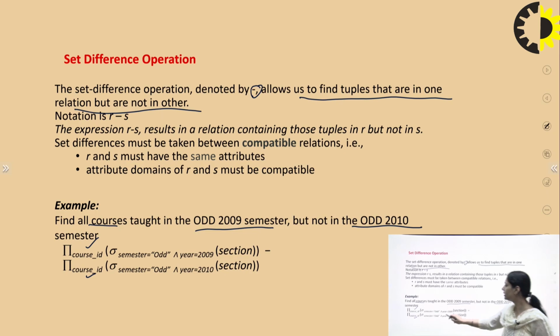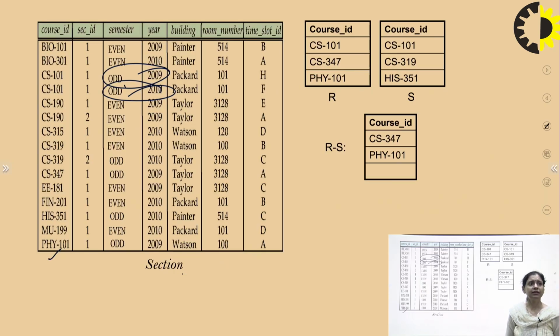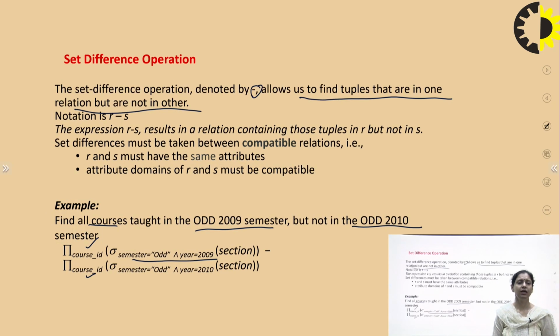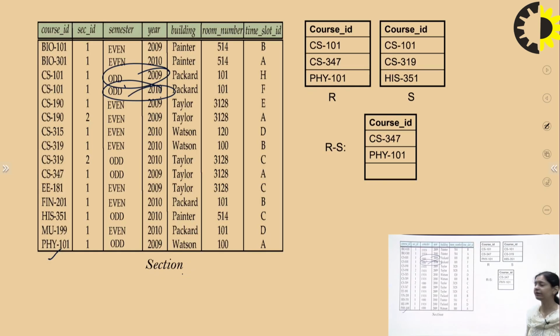That is, we need to select the semester equals to odd and year equals to 2009 as a result. The other condition is odd semester 2010. Again, the semester is odd, the year is 2010. We need both the things to be true. We again use AND with a set difference operation. So, this will give us this result. This result would be displayed.